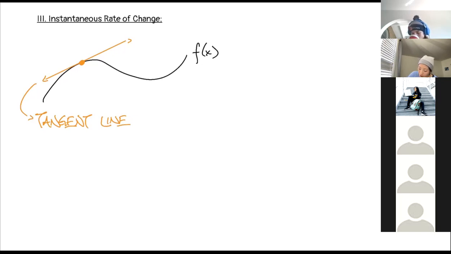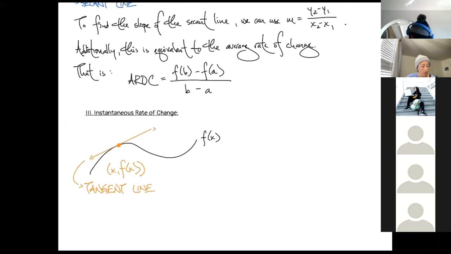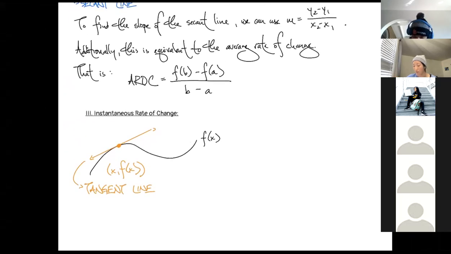We're going to call this point (x, f of x). So the coordinate of that point is just x, f of x. But if we wanted to find the slope of this line, we can use the idea of slope between 2 points to figure this out.